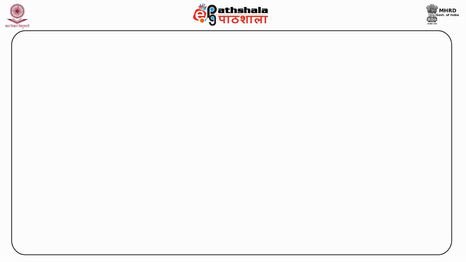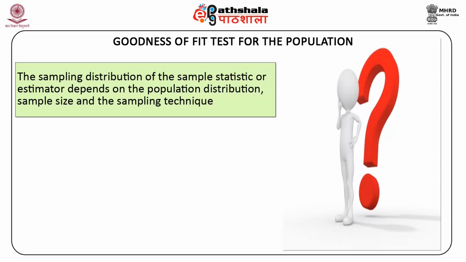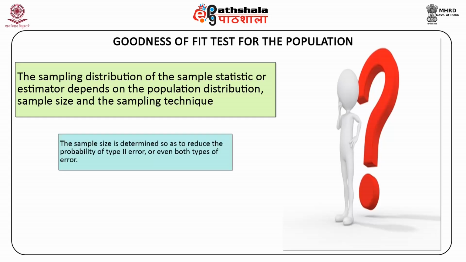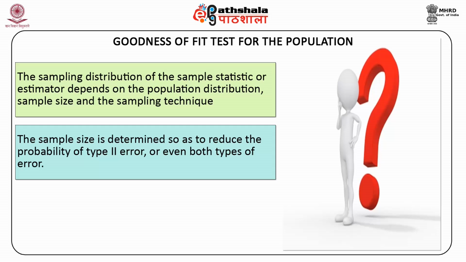Next, we will talk about goodness of fit test for the population. The sampling distribution of the sample statistic or estimator depends on the population distribution, sample size, and the sampling technique. We have assumed throughout that the method of simple random sampling is used in selecting sample units. The sample size is determined so as to reduce the probability of type 2 error, or even both types of error, to tolerable levels.